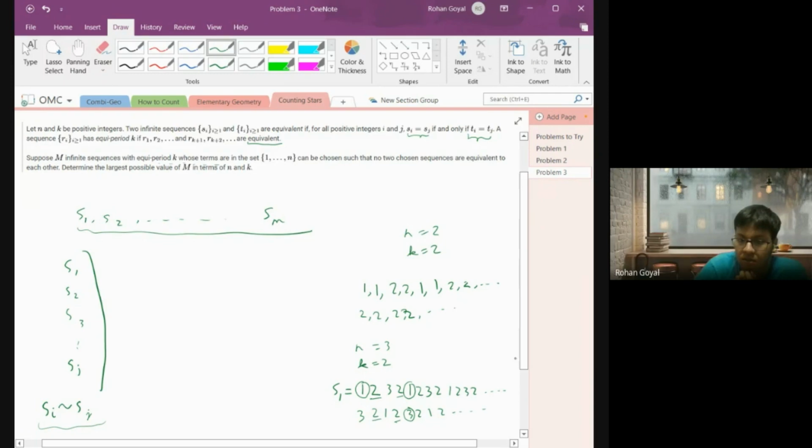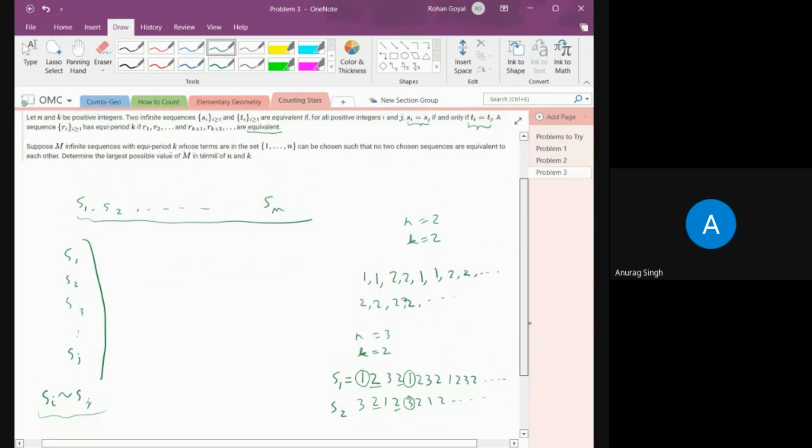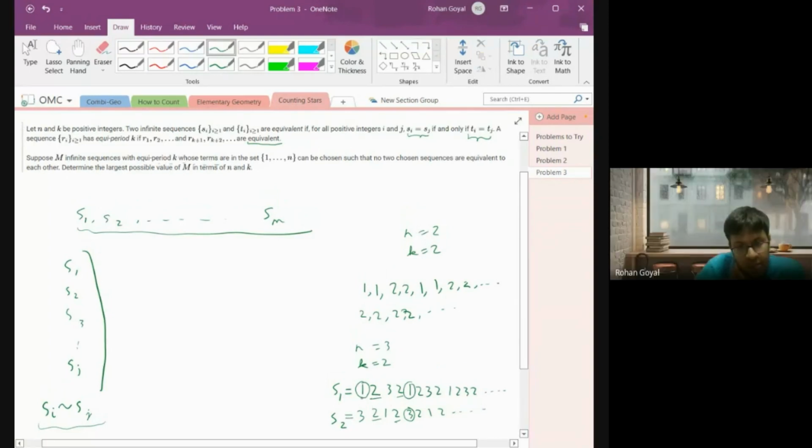So yes, the sequences 1, 2, 3, 2 and 3, 2, 1, 2, 3, 2, 1, 2 are equivalent. Wait, but this equiperiod is defined upon one sequence, I guess. So S1 is the sequence and I shifted it by 2. That's the sequence, right? 3, 2, 1, 2, 3, 2, 1, 2.